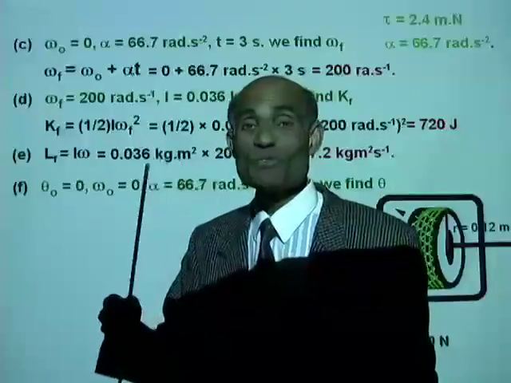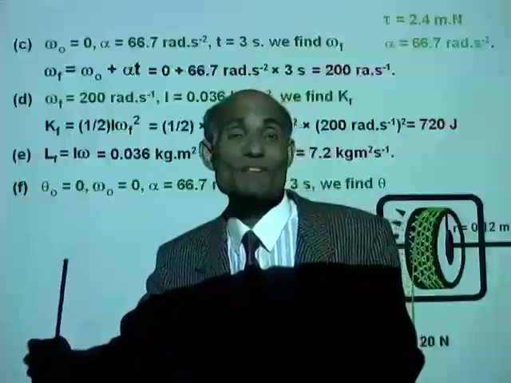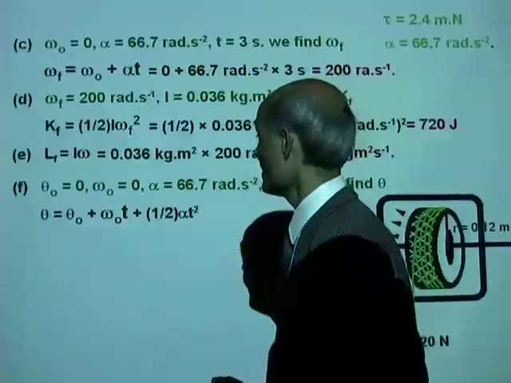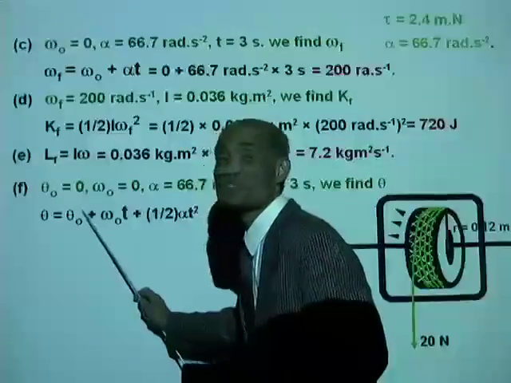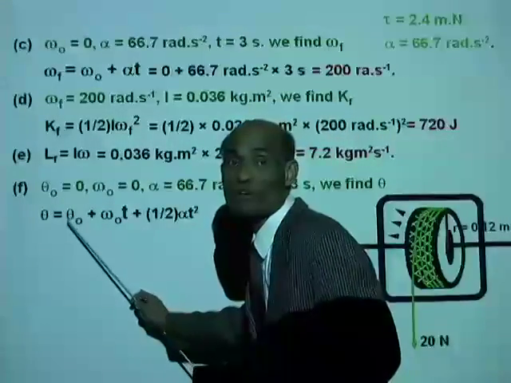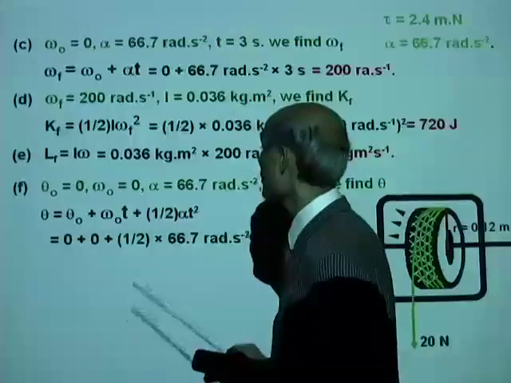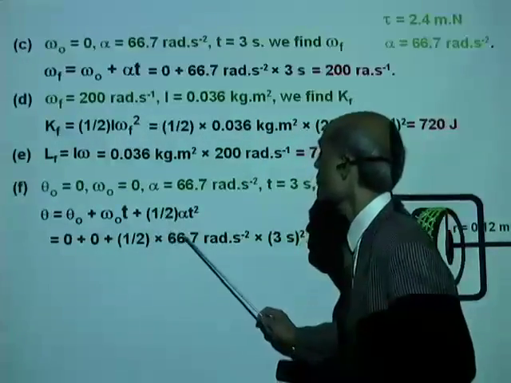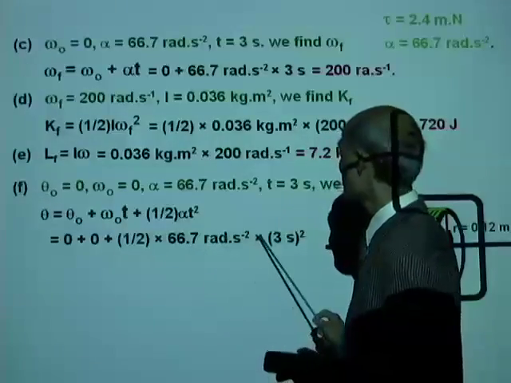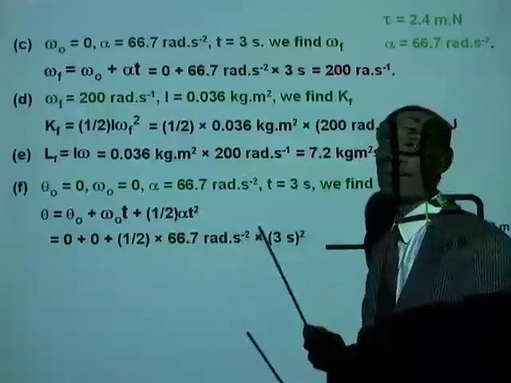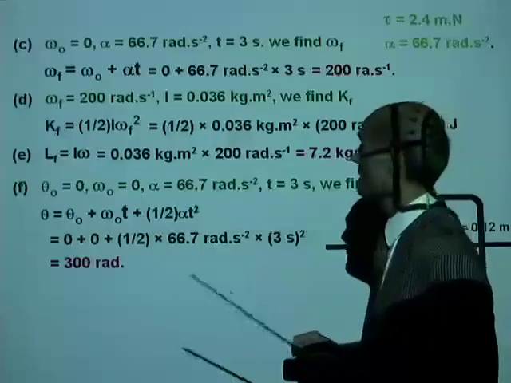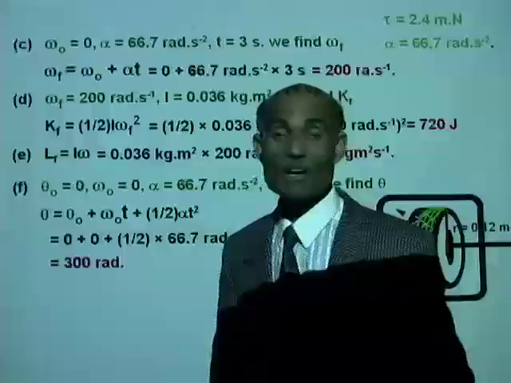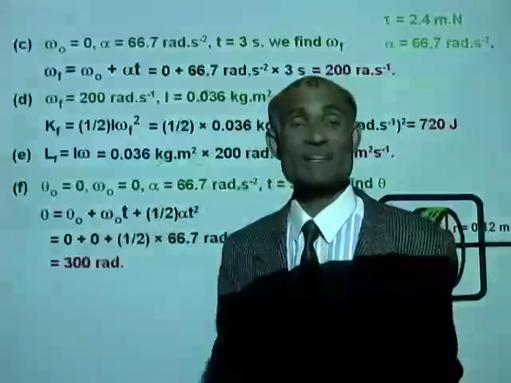Theta equal to theta 0 plus omega 0 t plus 1/2 alpha t squared. There you are. Where theta 0 is 0, omega 0 is 0, so the first two terms will go. That will be 1/2 alpha, 66.7 radian per second squared, times t squared, 3 seconds all squared. And that is 300 radian is the angle it described during that time.